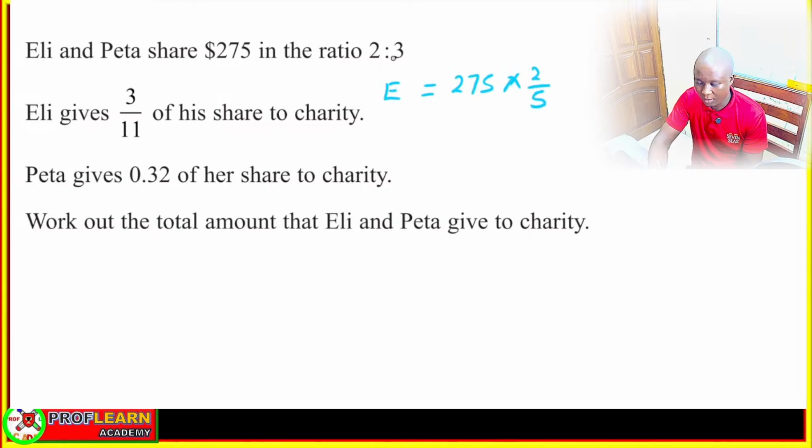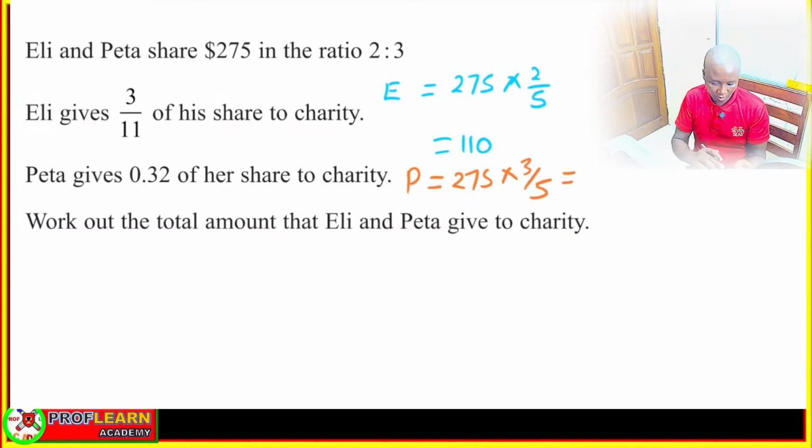You can express this as the total ratio, 2 over 5. And if you work out 275 times 2 over 5, that's going to translate to 110. And if we are to work out Peter's proportion, P is equal to 275 times 3 over 5, which is actually 165.